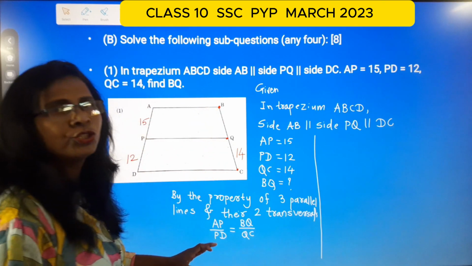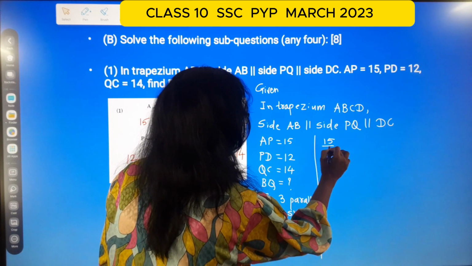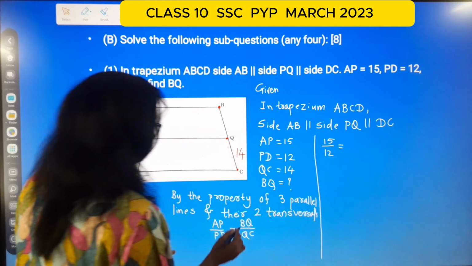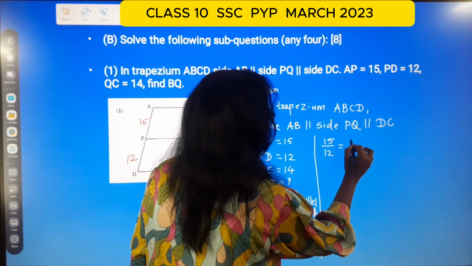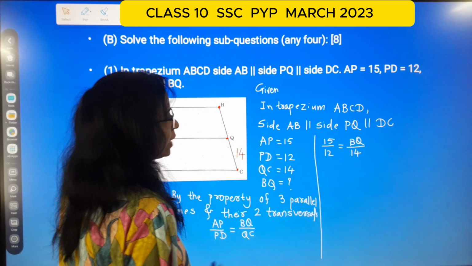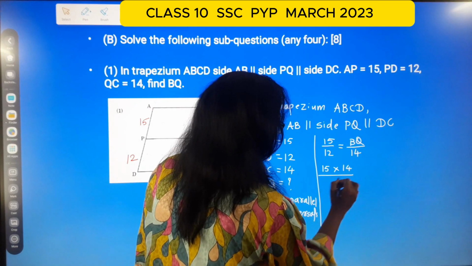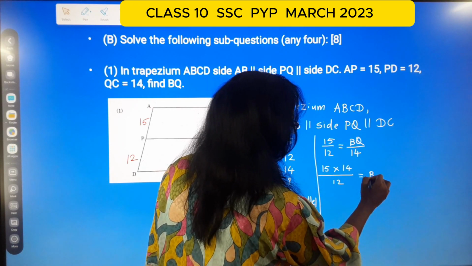Now substituting the values, 15 upon 12 is equal to BQ upon 14. Now cross multiply students, that is 15 multiply 14 upon 12 is equal to BQ.